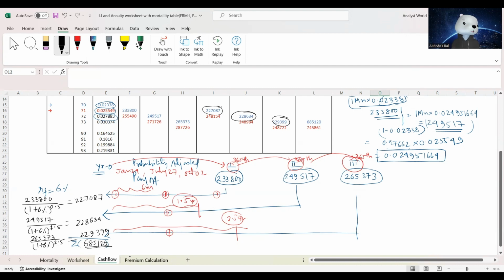So this is the whole probability adjusted payoff for a 70-year-old person taking out a 3-year policy for a sum assured of 1 million.